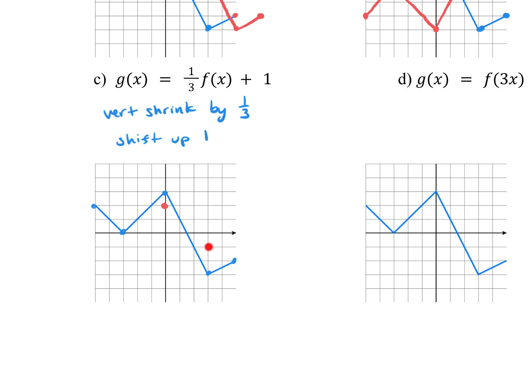Multiplying it by 1/3 gives me -1, and then I shifted up 1 from there. Here, this y value is 0, shrinking it stays 0, and then I go up 1. This value was 2. Multiplying it by 1/3 gives me about 2/3, and then up 1. So I'm just going to kind of estimate where that is. And here, 2 becomes 2/3, and then I shift that up 1 to around here. And then I just need to make sure I connect my dots in the right order.